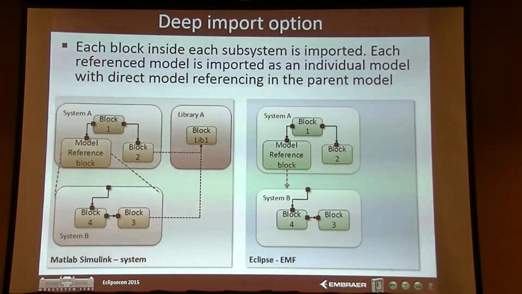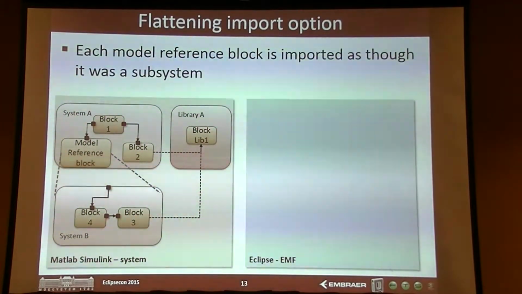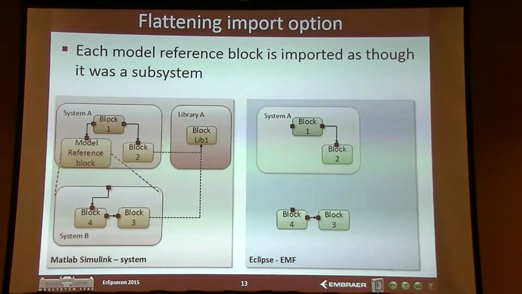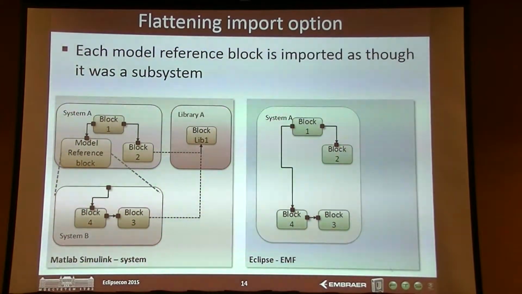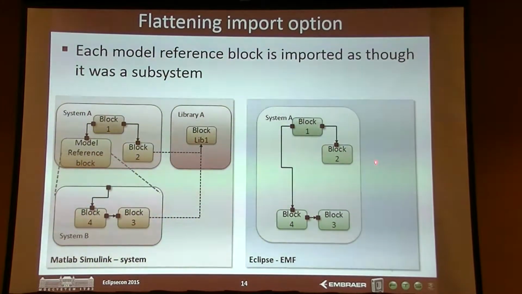So if you are familiar with EMF, these are different resources, okay? However, in certain situations and case studies, it might be required that I do not really want to have this kind of referencing mechanism in my model. I would just like to have it in a flattened way, so I will have only one system, and all the models which are referred from my base model are copied into my model. So at the end, I will have one huge model which contains all the referred models.